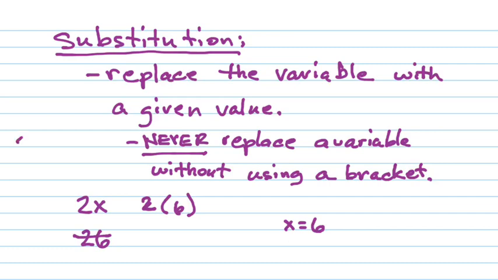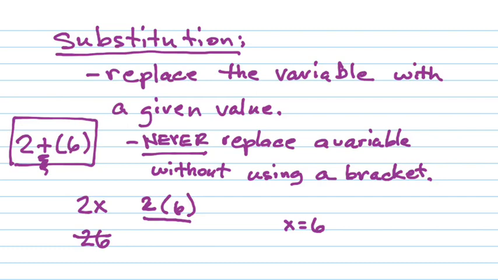In other words, if you don't see a symbol, right? This one does not mean multiplication because I have the addition symbol, right? But this one doesn't have any symbol between the number and the bracket, so that means always multiplication. Yeah? So what is 2 times 6 going to give me? 12. So we just substituted and evaluated.